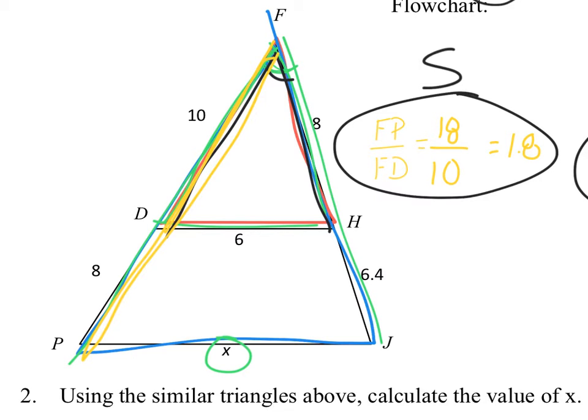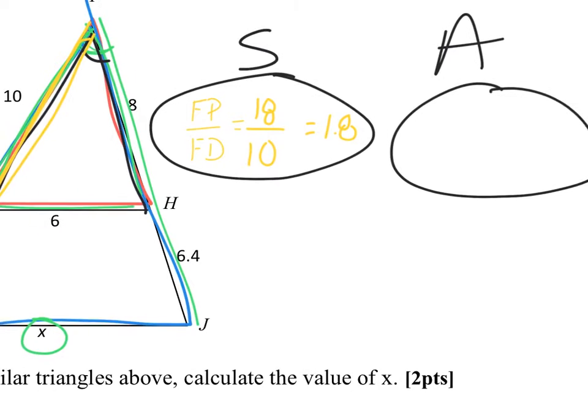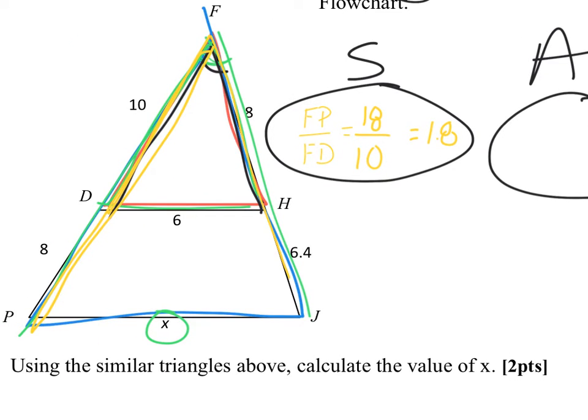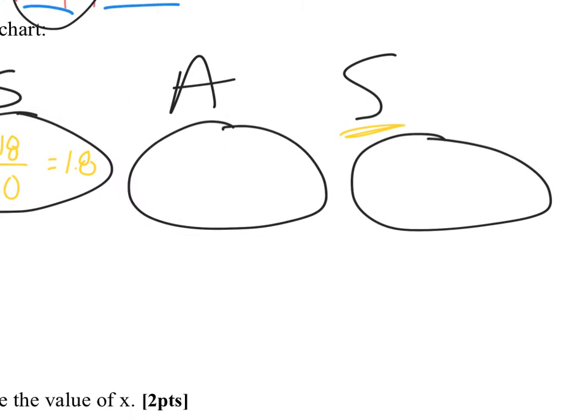What needs to happen then is the other set of sides that I am listing, this one over here, needs to have the exact same ratio of 1.8. So notice I listed the longer side length in the numerator of my circle here. So I'm going to start by doing FJ, that corresponds to FH. So I'm going to say FJ divided by FH.